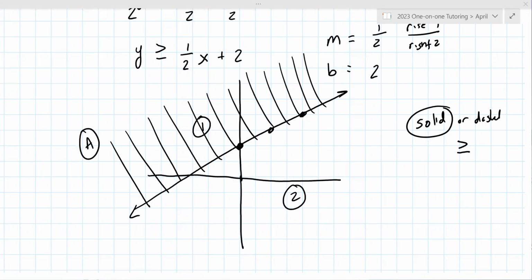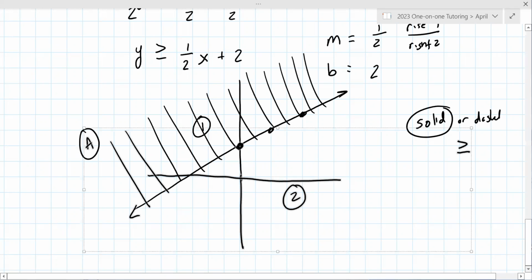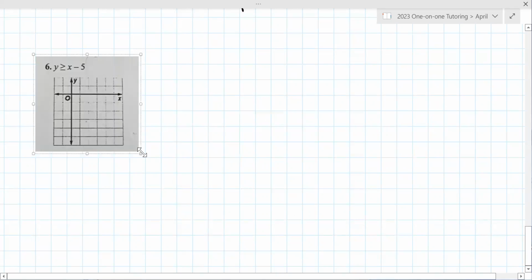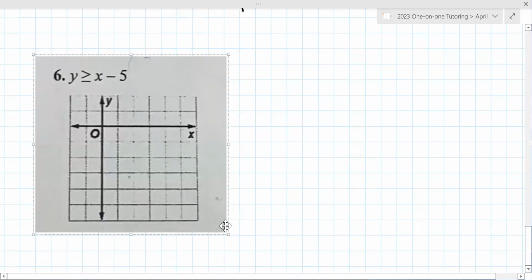All right, let's look at number 6 next. It's most similar to the ones we've been doing. The slope is the number to the left of x.